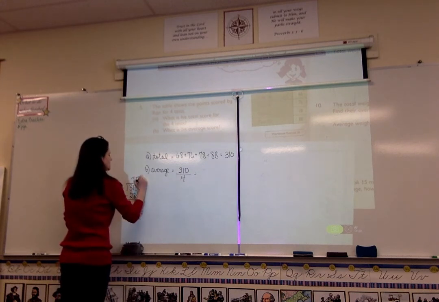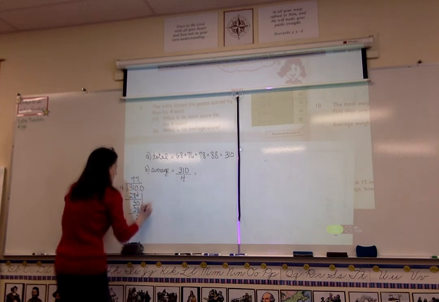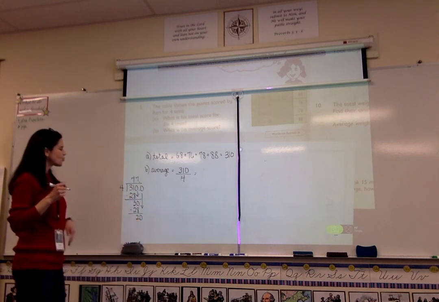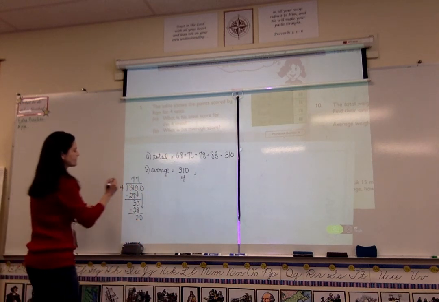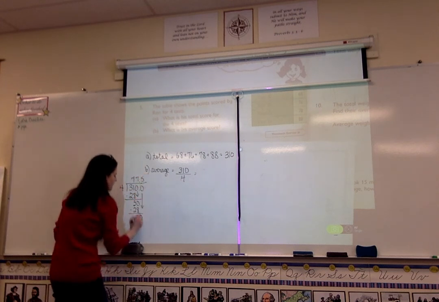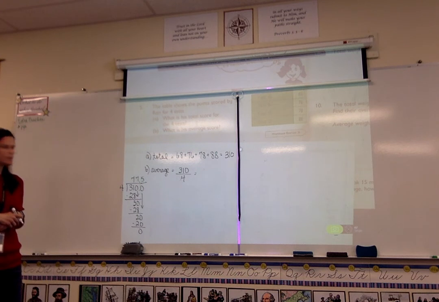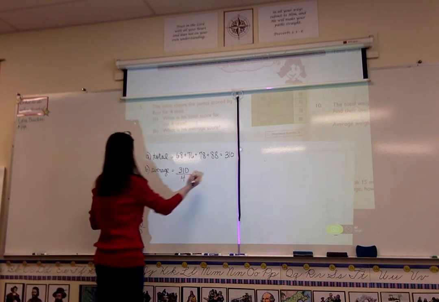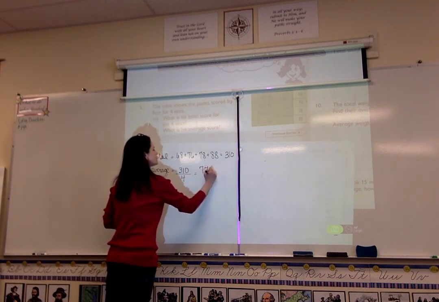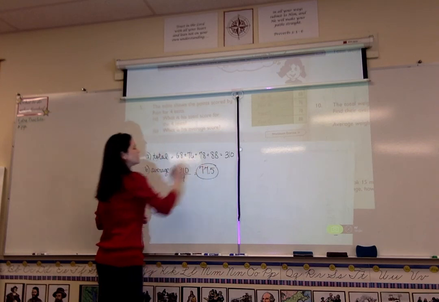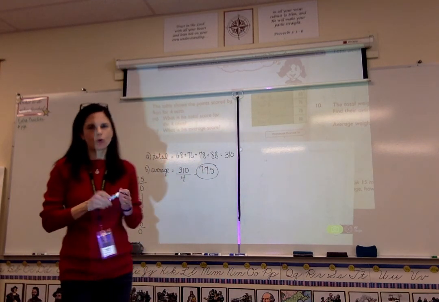Now you can append a 0. Rename this as 20 tenths. 4 goes into 20 tenths 5 times for no remainder. So, therefore, his average is 77.5 for his average score.